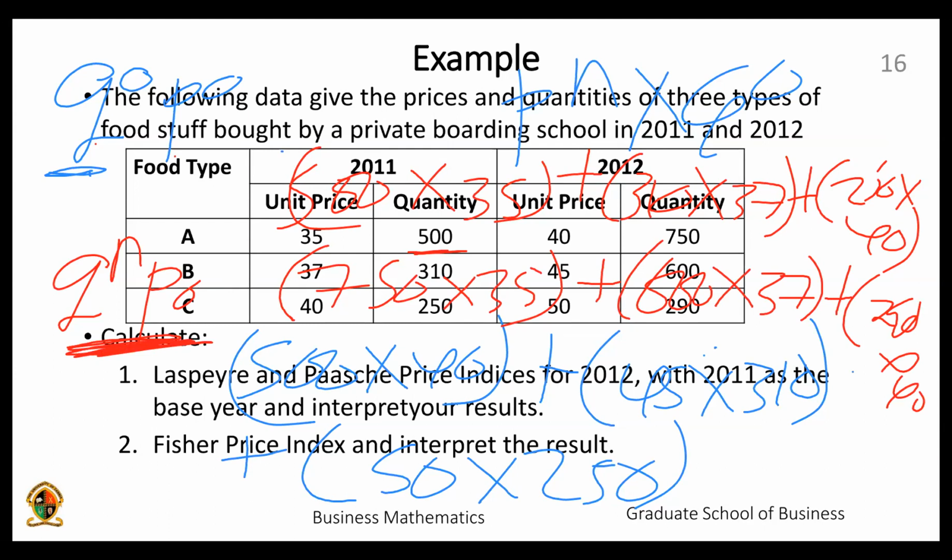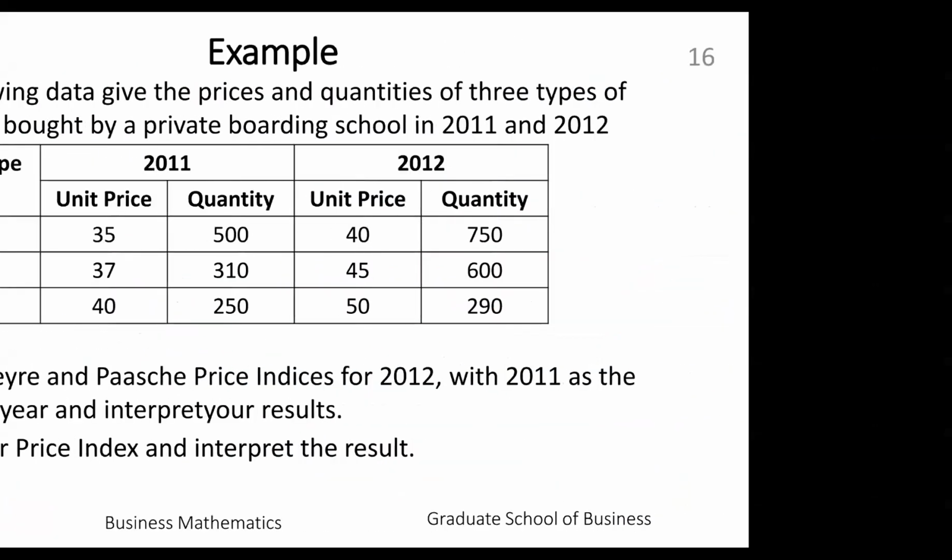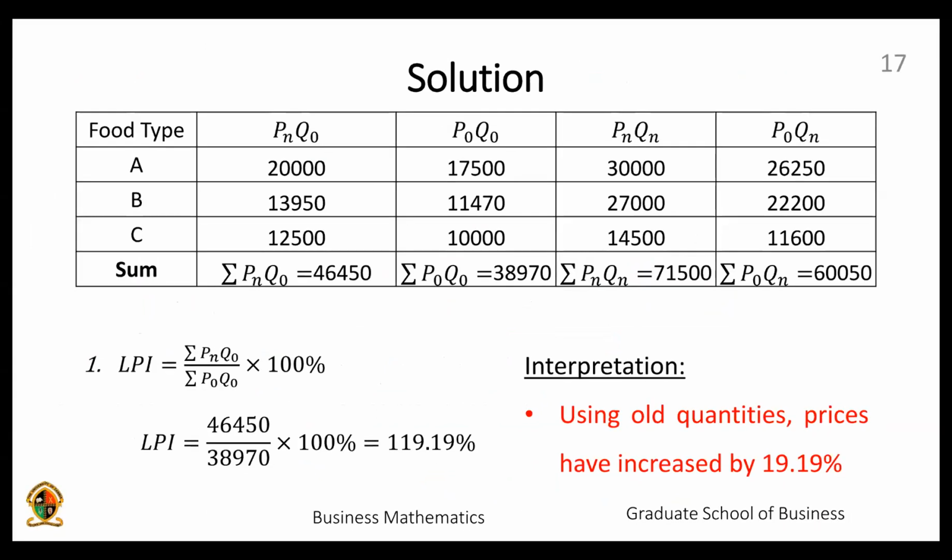So in short, you're just coming up with the columns and summing up. And as you sum up these columns, you now get to divide, just compute into the formula. So you have this column for the prices of the new period times the quantities of the old period. Then you have the column for the prices of the old period times the quantities of the old period.